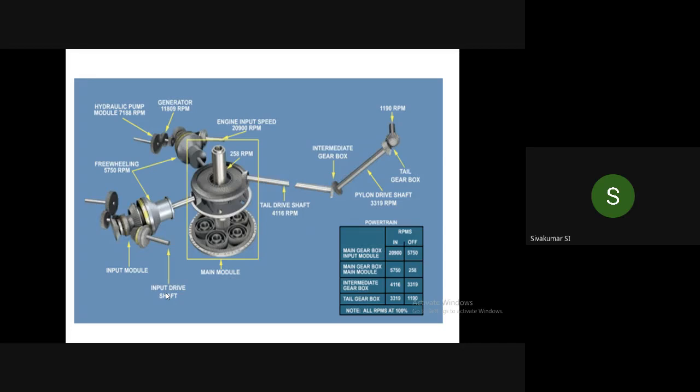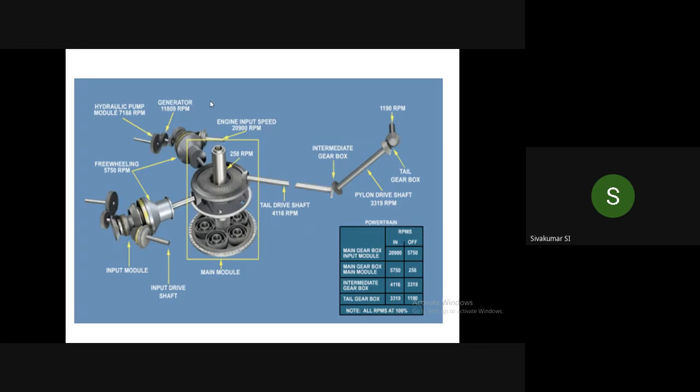Engine input speed here is 20,900 RPM. So from the input module it is coming here, and the shaft is driving one of the gears at 20,900 RPM. Again there is a gear arrangement which can reduce the RPM to rotate the generator.